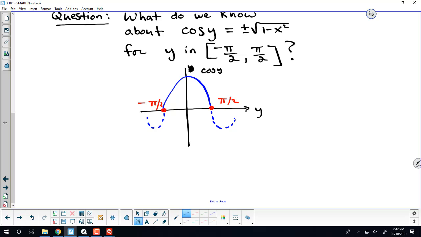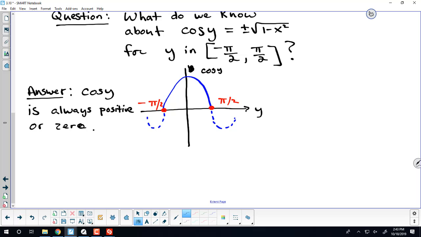So let's just write out our answer. Our question was, what do we know about cosine in the interval negative pi over 2 to pi over 2? The answer is cosine y, which is our square root, is always positive or 0.